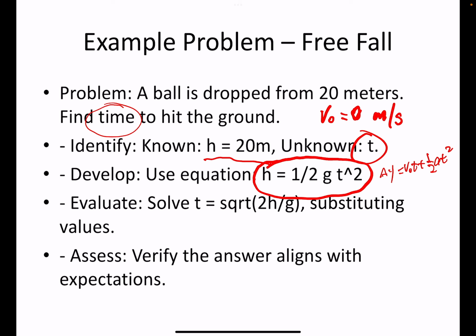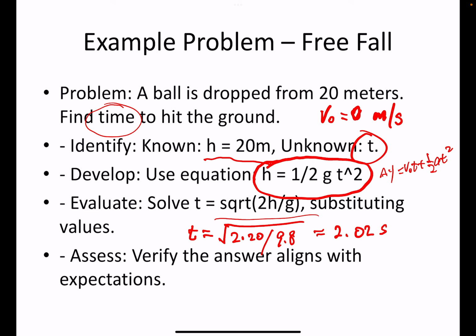And then we need to evaluate, substituting the numbers. Now we can just plug all the numbers in: t equals the square root of 2 times 20 divided by 9.8.